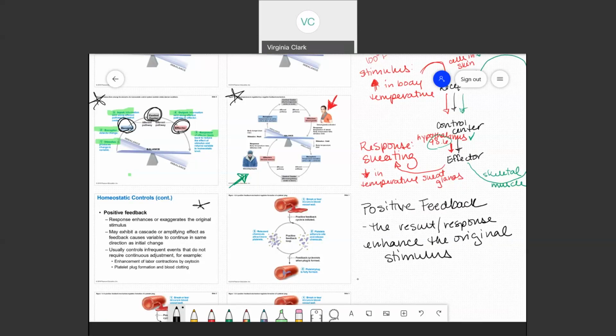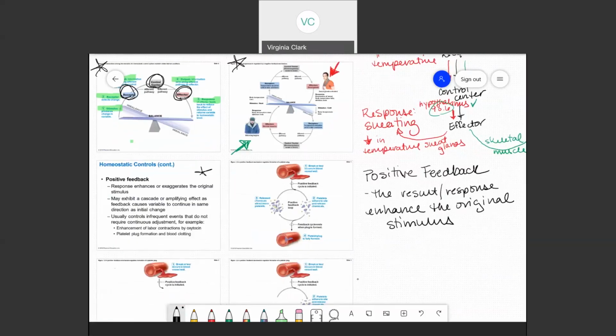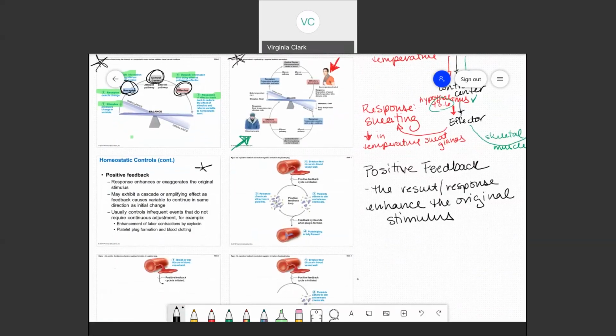So an example of a positive feedback cycle, I'm not going to talk through specifics for this, but a perfect example for this is going to be clotting. So when you have a blood clot and you have something that tears in your vessel wall and you're going to have a release of blood, it actually continues through this process.